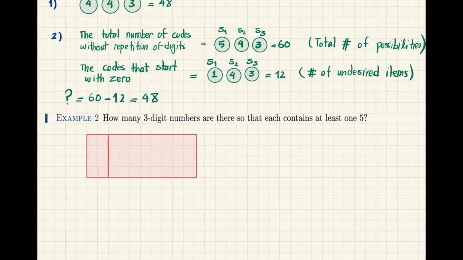Let me write here like this: number of 5s is equal to 0. Number of 5s is equal to 1. And then we have another one: number of 5s is equal to 2, and number of 5s is equal to 3.